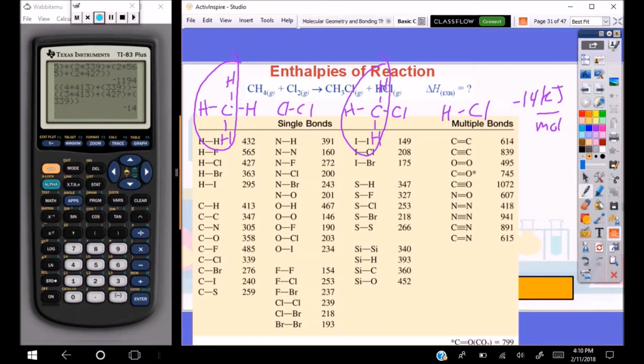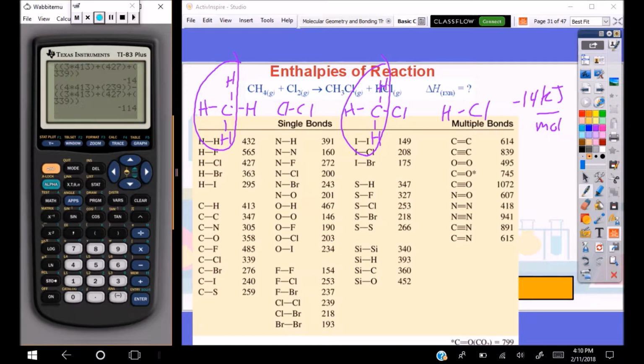I had a slight math error. This should be 239 for chlorine. That's down here. 239, not 339. All right, but the 3 times 413, technically you don't need that in your calculation because those 3 bonds stay the same. But just to make sure everything works out, you should double check that.